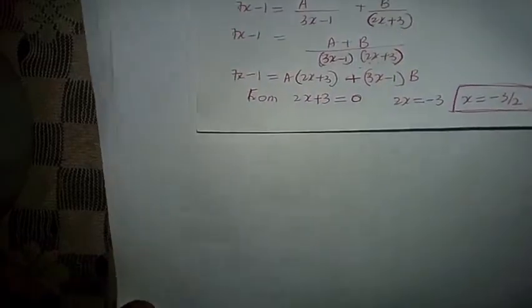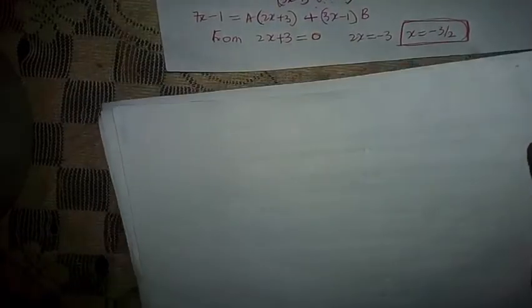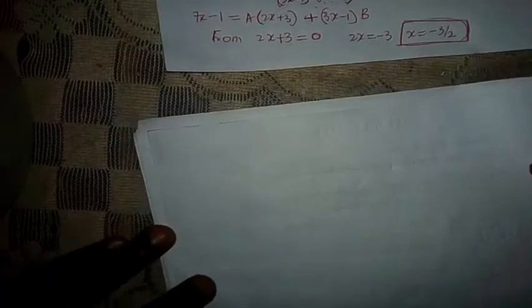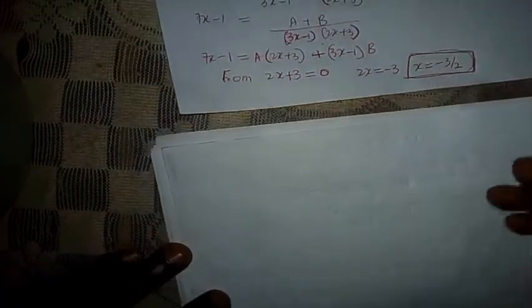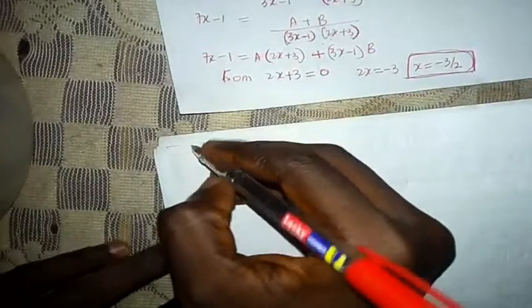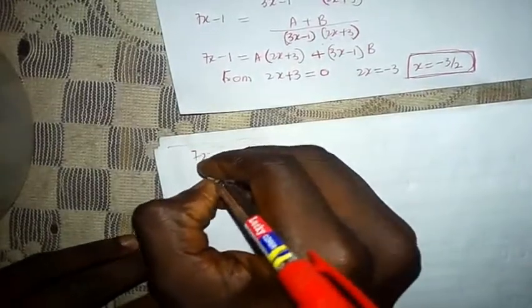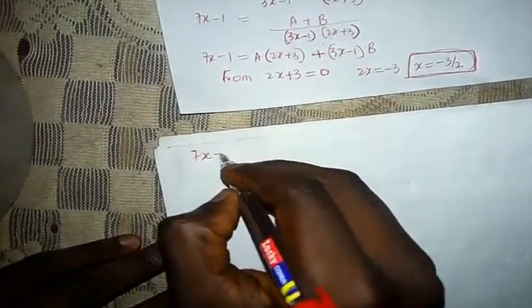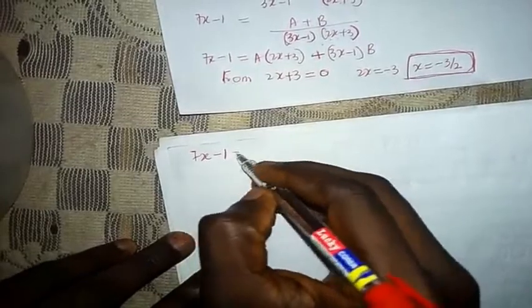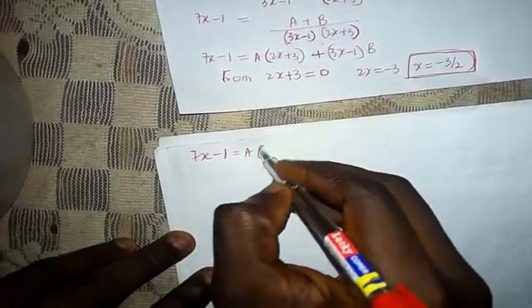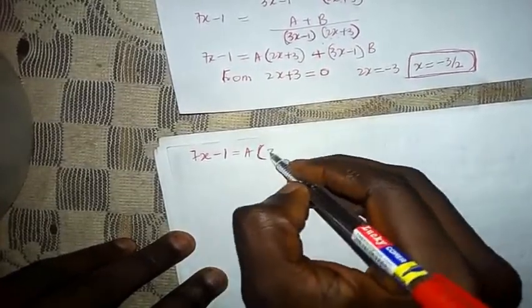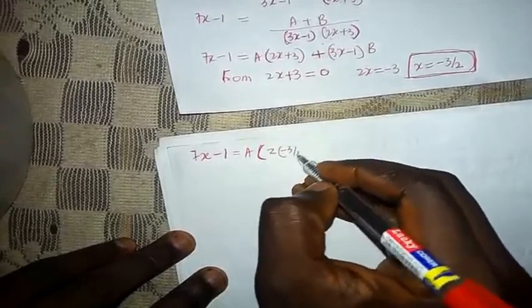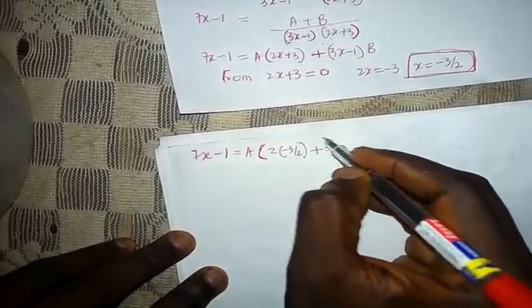Let's try it. Let's insert minus 3 over 2 into x here. 7x minus 1 is equal to a times 2x plus 3 plus 3x minus 1 times b. Anywhere you see x, put minus 3 over 2.